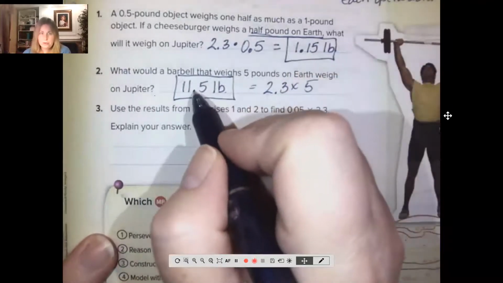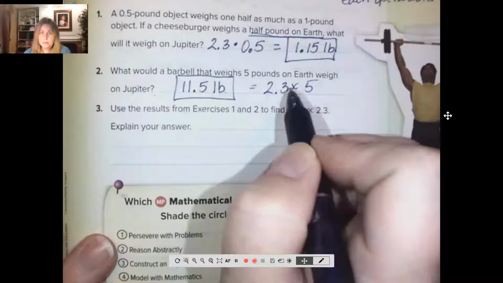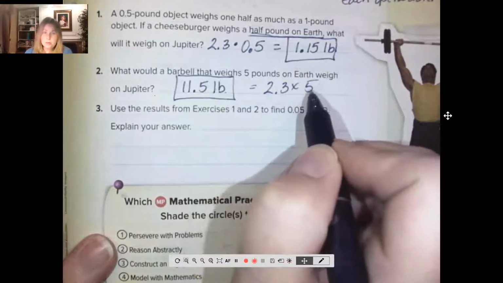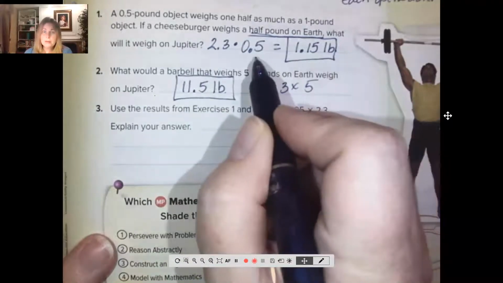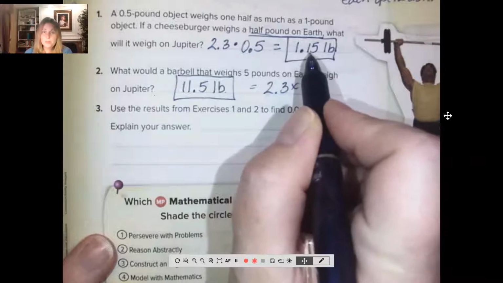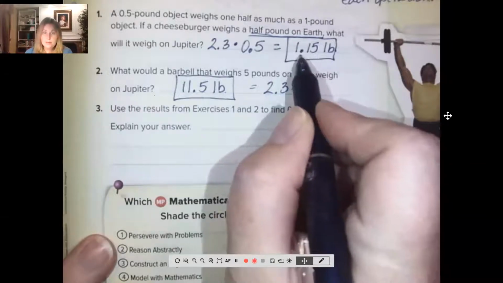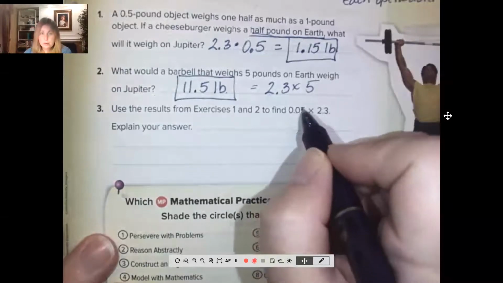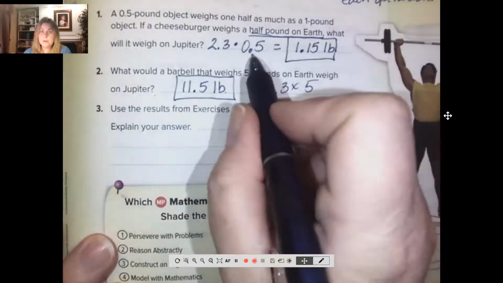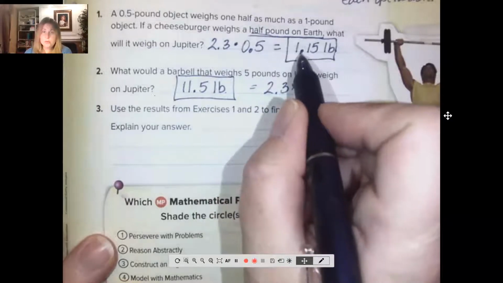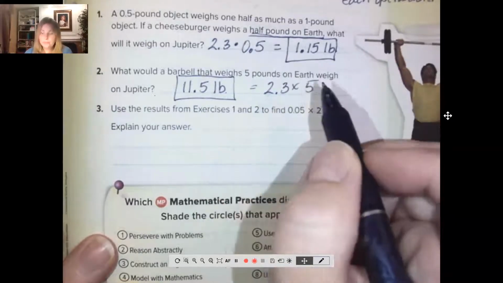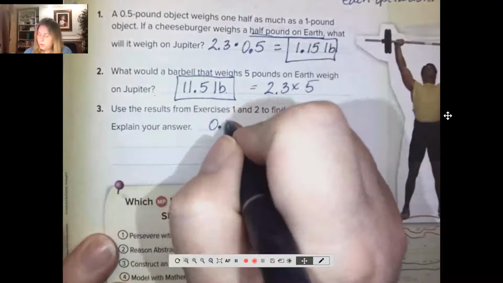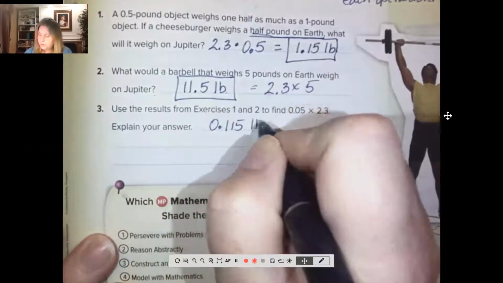So this was 11.5 when we multiplied by 5. Here, by 0.5, our decimal was 1 place farther to the left. Here, if we're multiplying by 0.05, our decimal will be 1 place farther to the left than it was here. So it'll be 0.115 pounds.